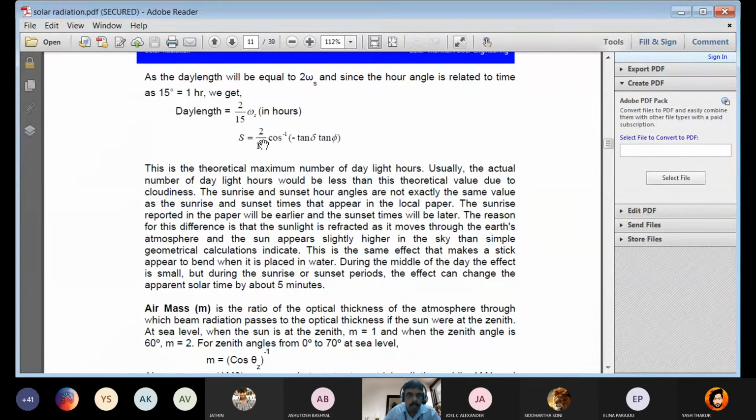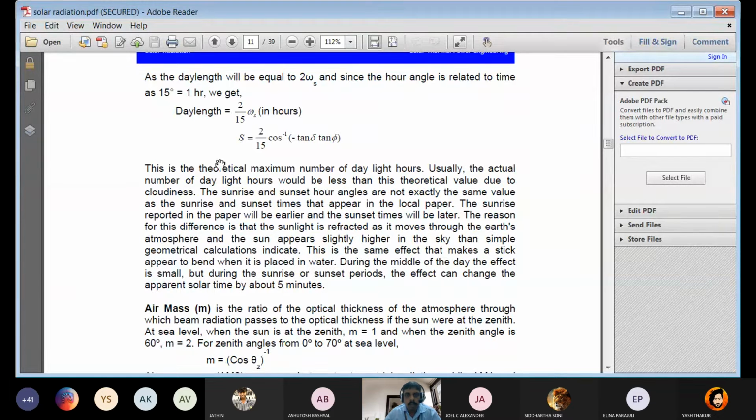S dash max will be given in your question. Maximum sunshine hour will be given. The average for the locality you can calculate. S is equal to 2 by 15 cos inverse of minus tan phi tan delta. So you can calculate the hour angle, then using this equation you can calculate the average sunshine hour for the locality.